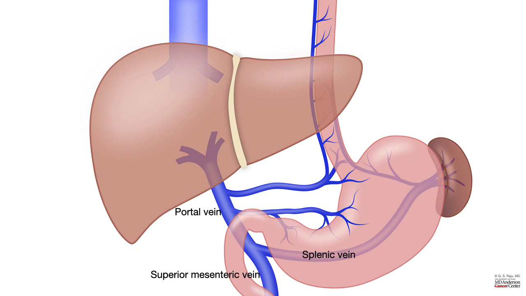Before it enters into the liver, two main tributaries join the portal vein. One is the left gastric vein, and another is the right gastric vein.